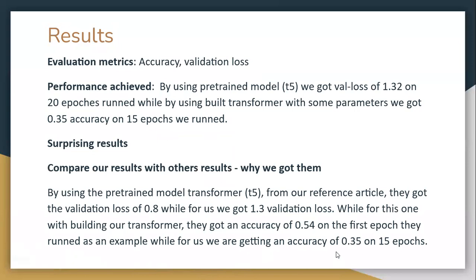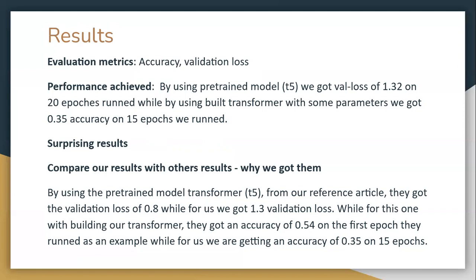Thank you. For our model, we have used two evaluation metrics. We have used accuracy and validation loss for the validation data. For the first time, we just used a pre-trained model, a model that was built by other people, to translate one language to the other.